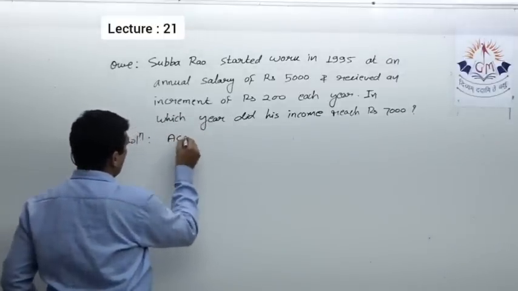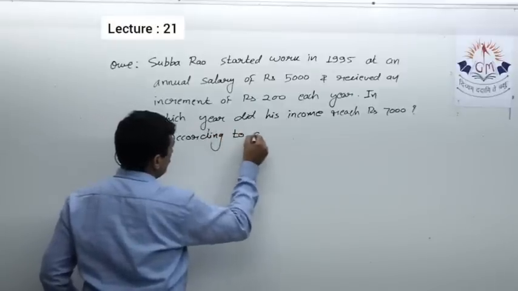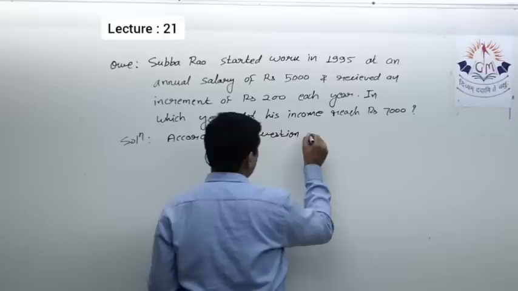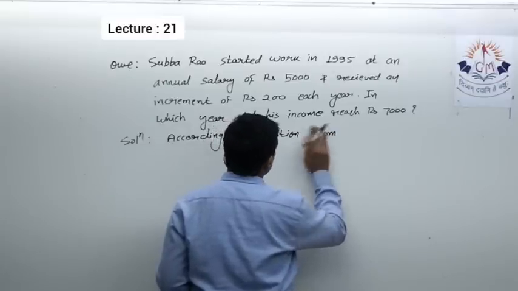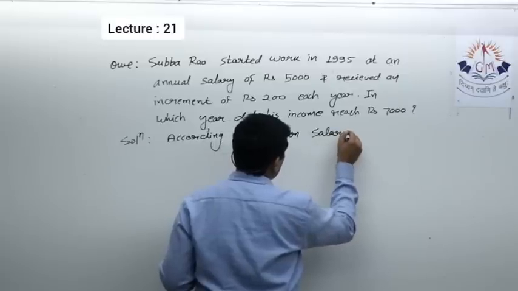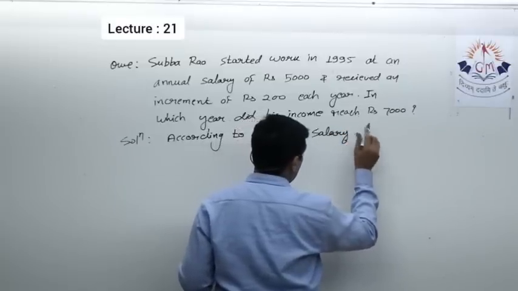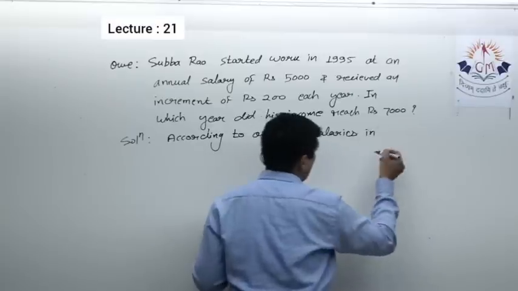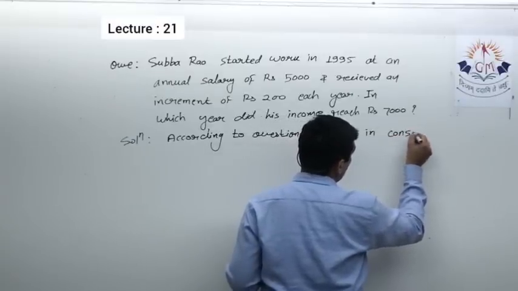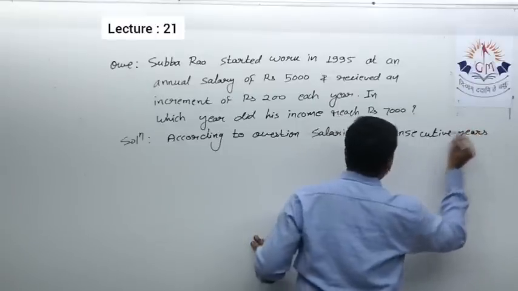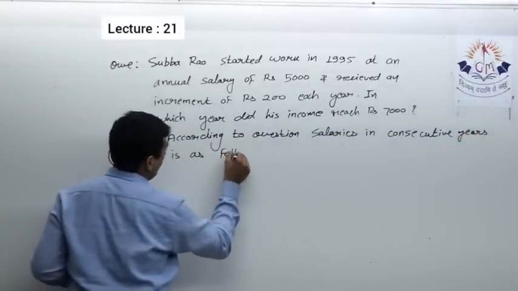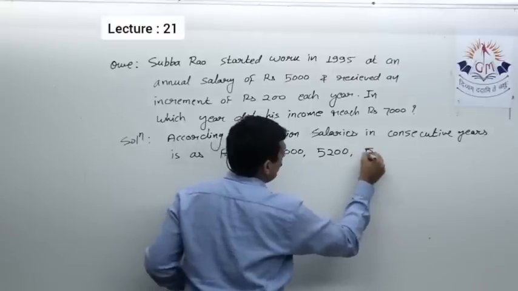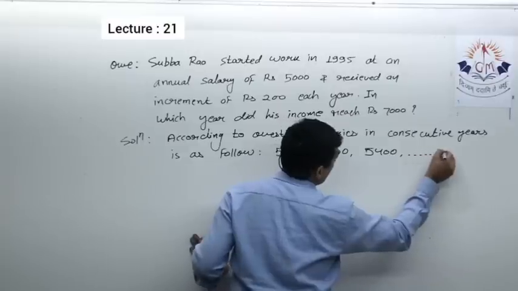So here we can write, according to the question, salaries in consecutive years, or in successive years, is as follows: 5,000, then 5,200, then 5,400, and 7,000.